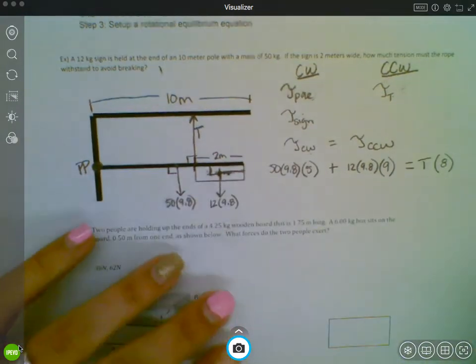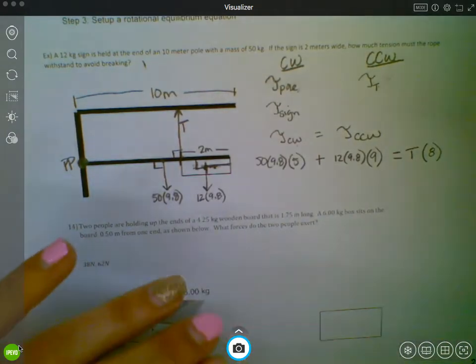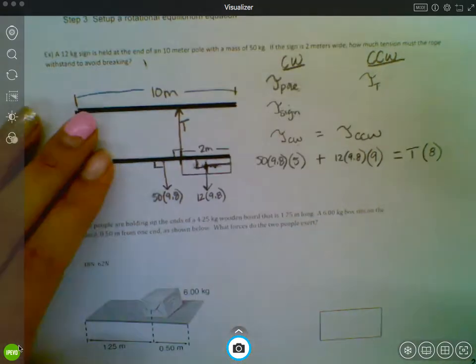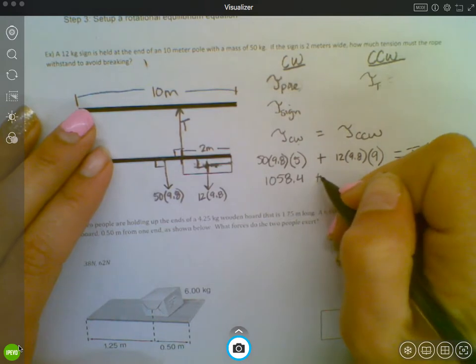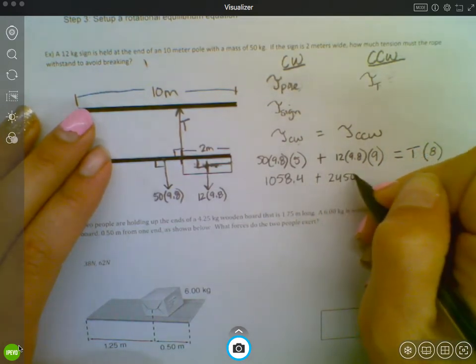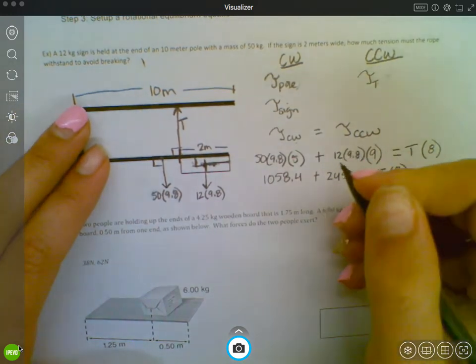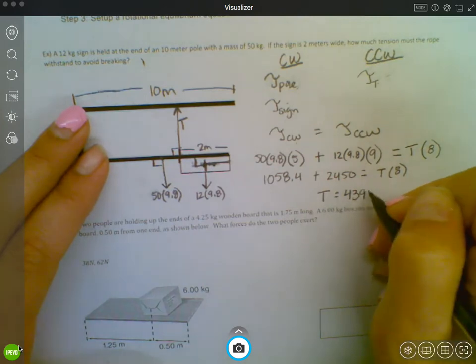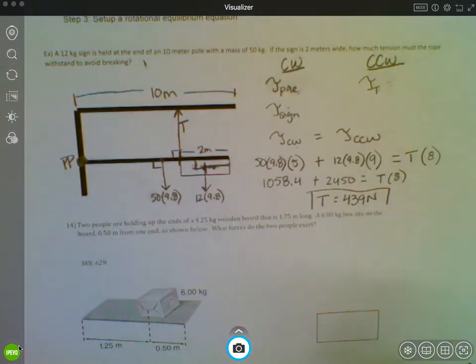Let's plug that into our calculator. So this side is 1058.4 plus 2450 equals T times 8. If you solve for T, you get 439 newtons. So that's the tension in the rope that it can withstand without breaking.